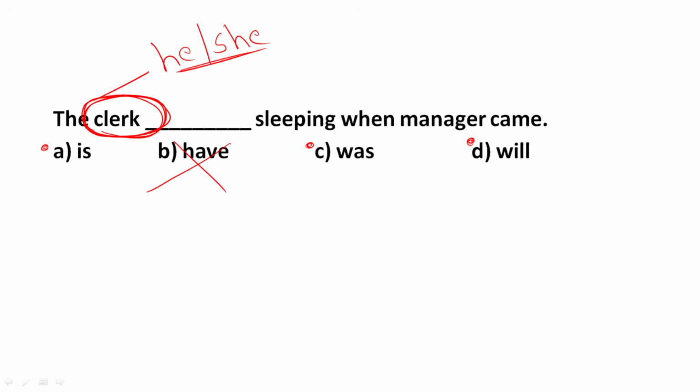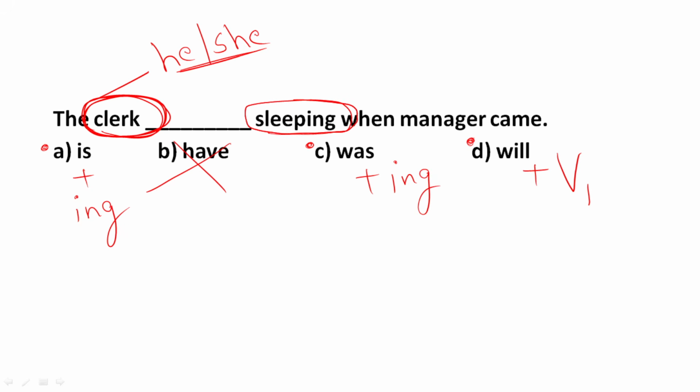Now, what is the verbal form? Will plus V1, was plus ing, likewise, is plus also ing. What is the verb used here? Sleeping. Sleeping is the ing form, so this option is gone. It can be now was, it can be now is, which is right. If you see the sentence here, came.